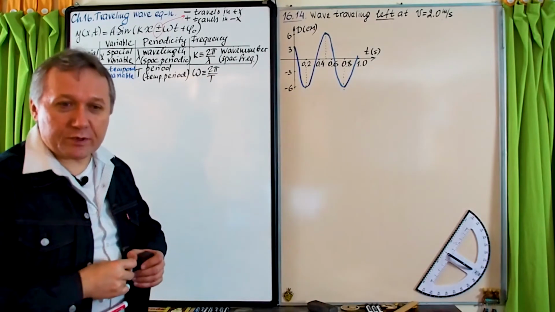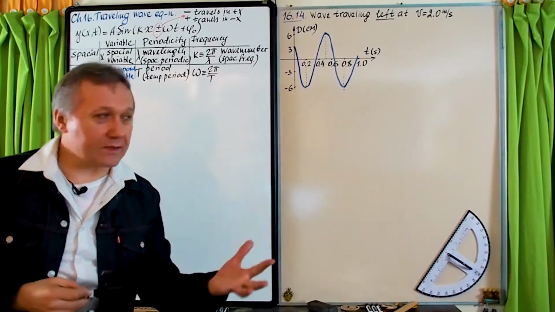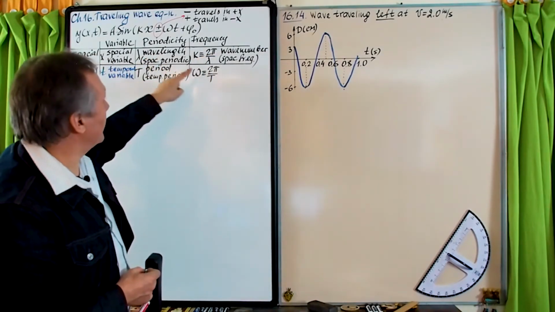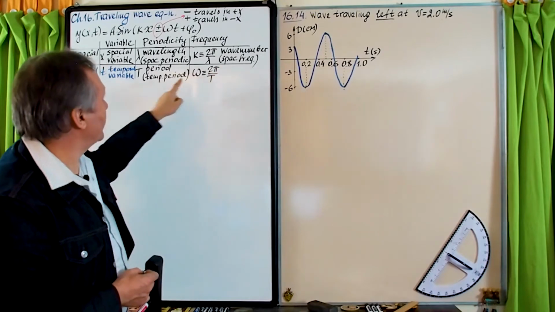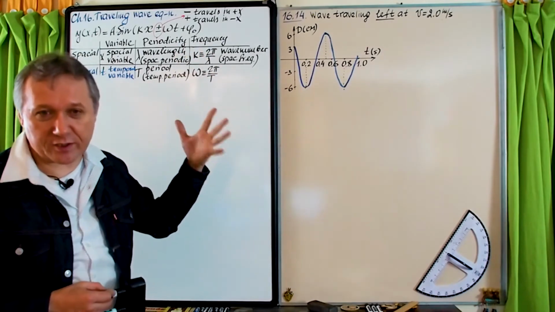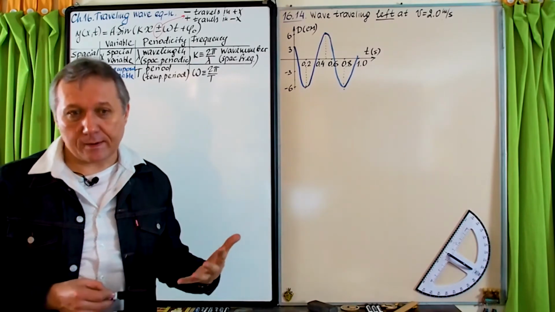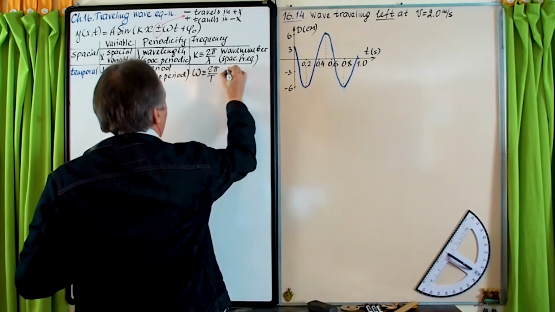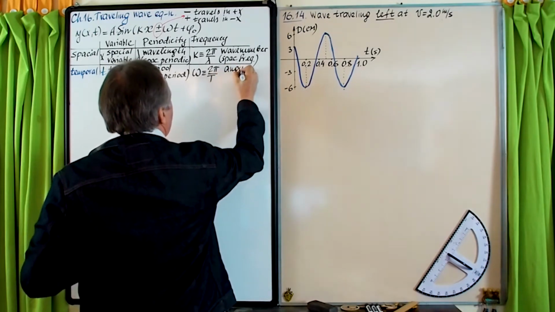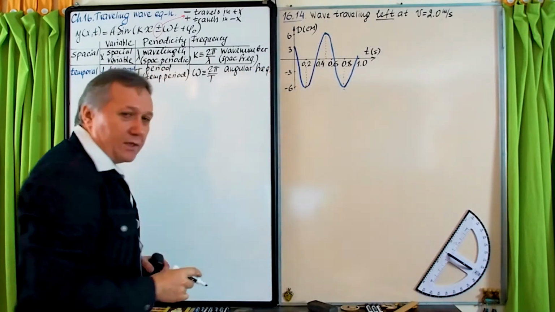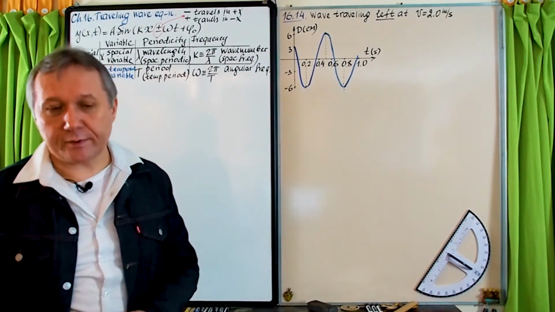You see, both of these quantities are introduced in exactly the same way. 2 pi divided by spatial periodicity, and now in time, 2 pi divided by temporal periodicity. The structure of k and omega is very similar. Right? Okay, the name of this is angular frequency. The meaning is temporal frequency.